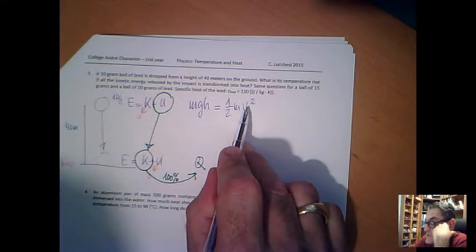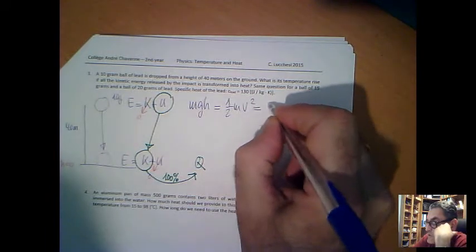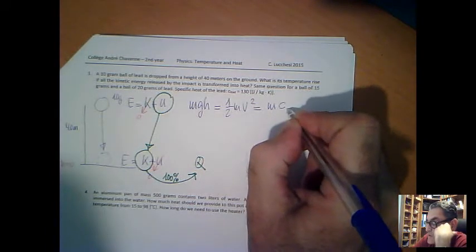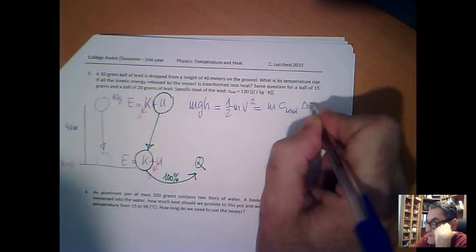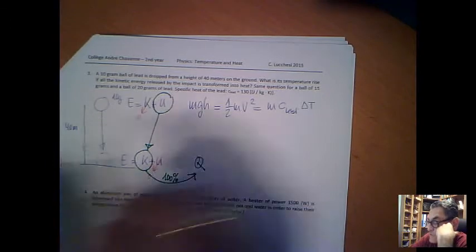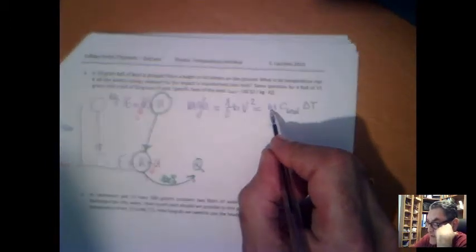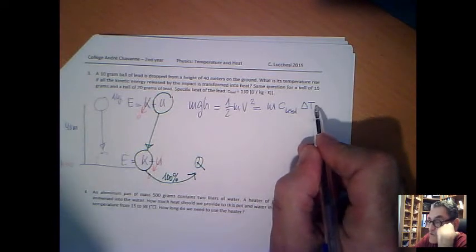No, we don't need to, because we know that this is equal to this, and we know that this should be equal to the Q term, to the same mass of the lead, times the C of the lead, times the temperature increase.